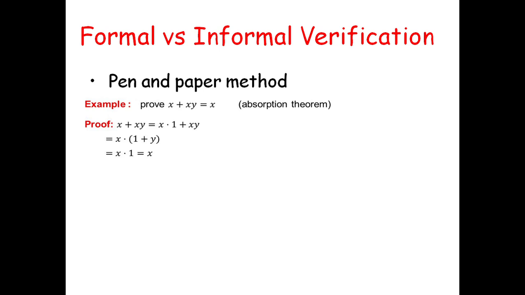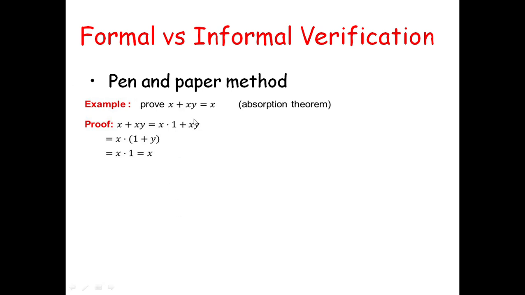Here we can compare formal versus informal verification. Here we have a pen and paper method. This is an absorption theorem of Boolean algebra, and the example has been taken from the popular book Digital Logic Design by Morris Mano.